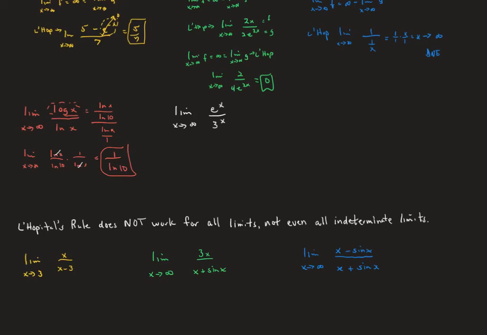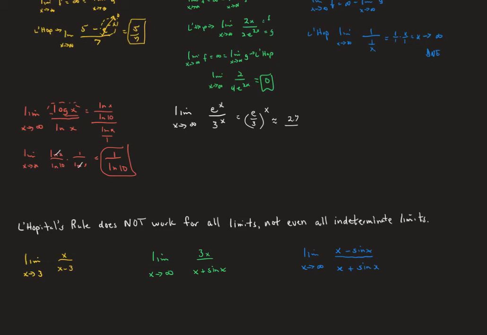Now, likewise, I don't think L'Hopital's rule is going to help us much on this next one, but if we use our properties of exponents, we can say that e to the x over 3 to the x is e over 3, to the x. Now, if we think about that, e is roughly 2.7.